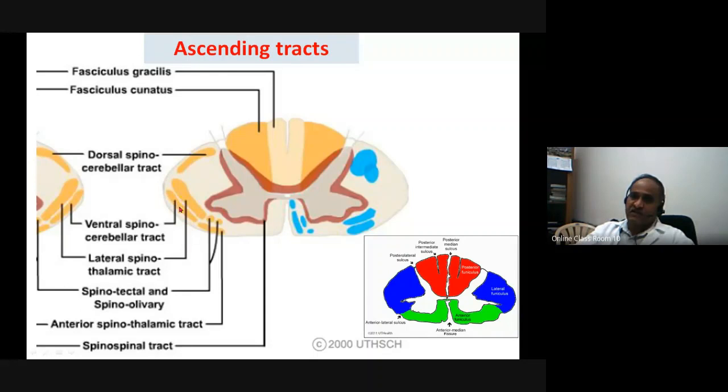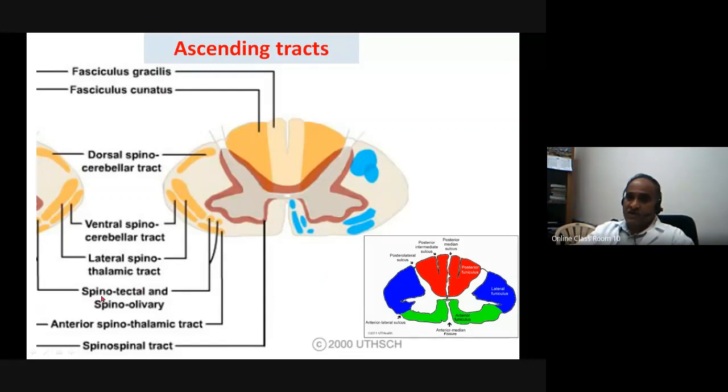The ventral spinocerebellar tract receives inputs from the motor neurons here for the action taken. Then we have the lateral spinothalamic tract and the ventral spinothalamic tract, that is, the anterior spinothalamic tract. So that would be from the opposite side.